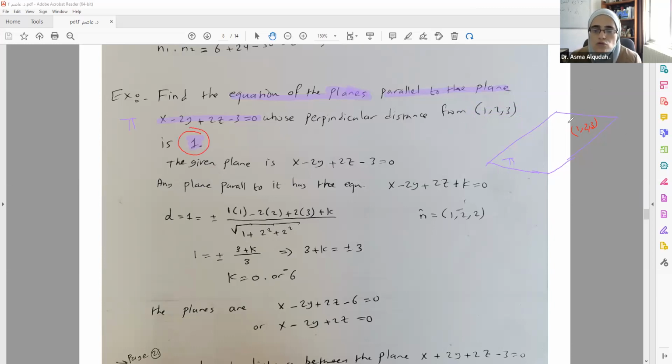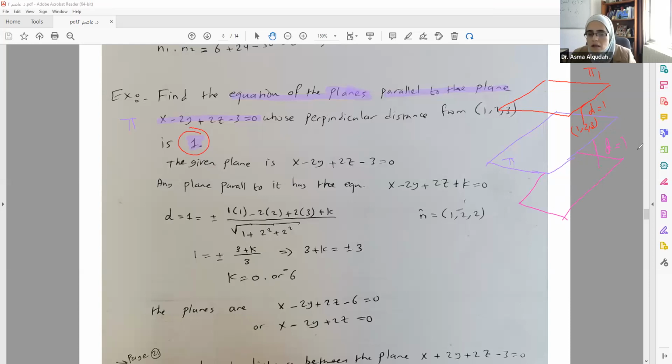The only two options available here are to find a plane that is above the plane pi, let's call it pi 1, which has a distance of d equal to 1 above the plane pi, and another plane which is under the plane pi, also at a distance of d equals 1 from the point (1, 2, 3).